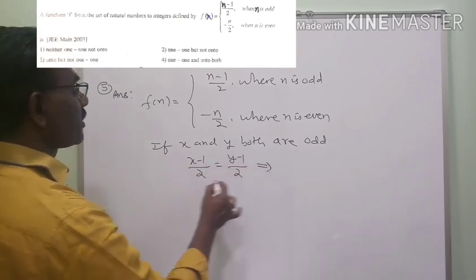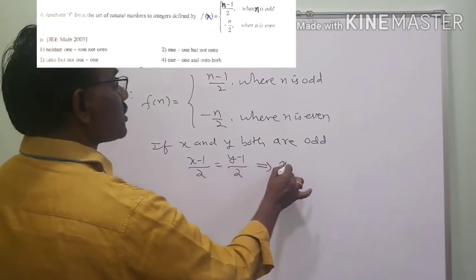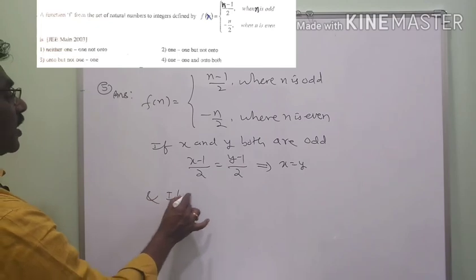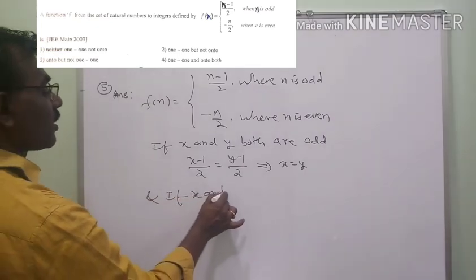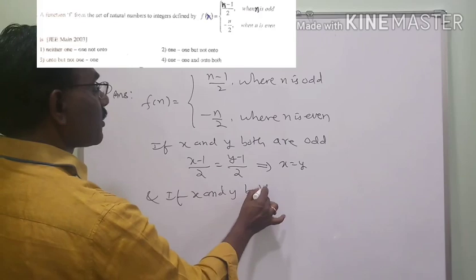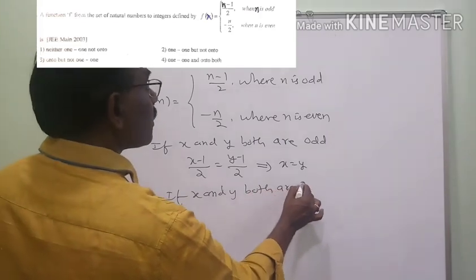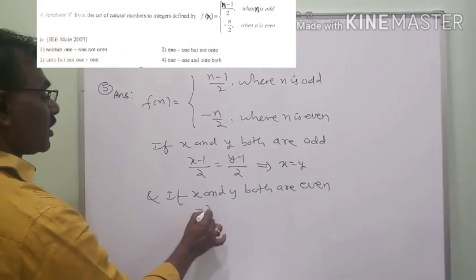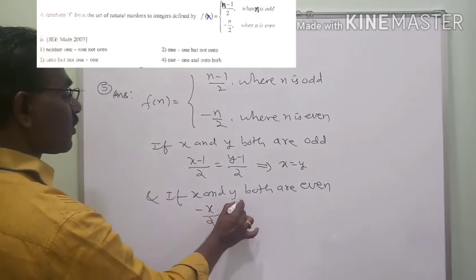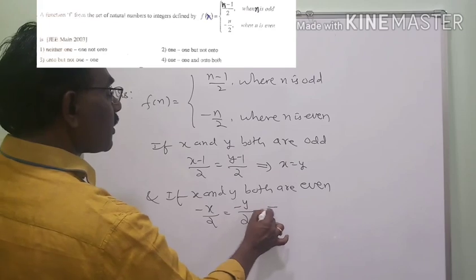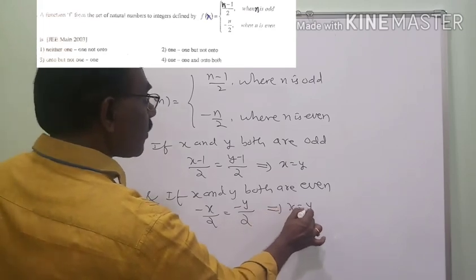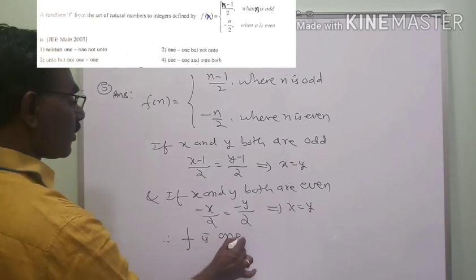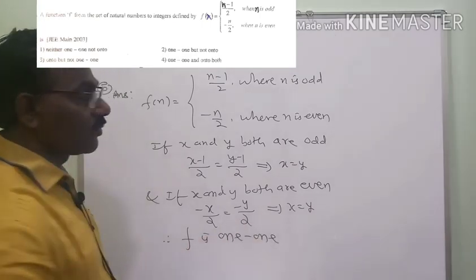It implies, so 2 cancels, x equal to y. And if x and y both are even, so minus x by 2 equal to minus y by 2. It implies x equal to y. Therefore f is 1-1.